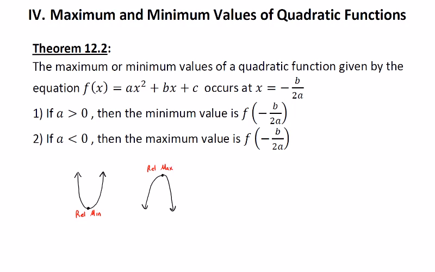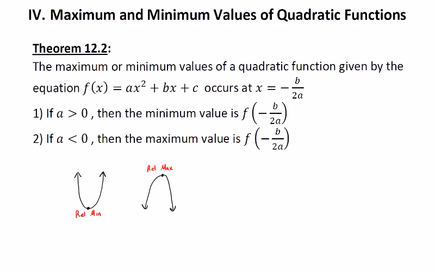Now, this theorem is going to help us to see a little bit of that, but it does even more than that. It also gives us a shortcut on how to calculate the exact location of the relative min or the relative max, which by virtue is a shortcut for calculating the vertex.